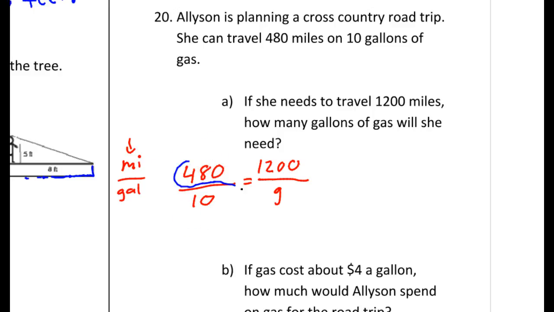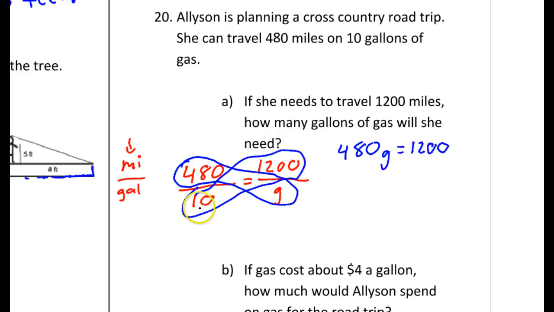We'll just stick to the usual method since that's what we've been doing so far. There are other ways of solving. And 1,200 times 10. Anytime multiplied by 10, another 0. Okay, divide by 480, both sides.